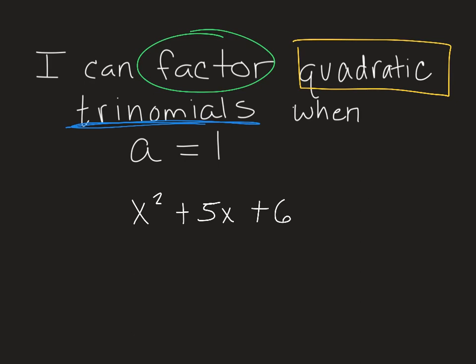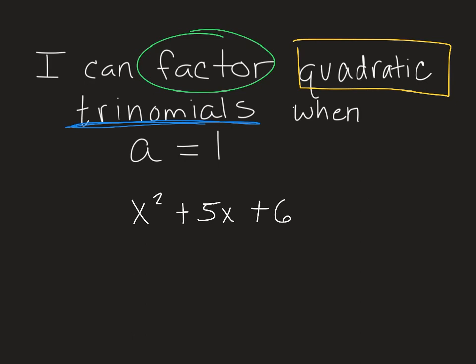But let's talk about when the a equals 1 really quickly, because we talked about standard form of an expression in a previous unit. And we talked about how as long as you have it in standard form, and remember standard form means that you have your largest exponent at the front, so in this case that would be a 2, and you work in order from biggest exponent all the way down to the number that's by itself, which is the constant.